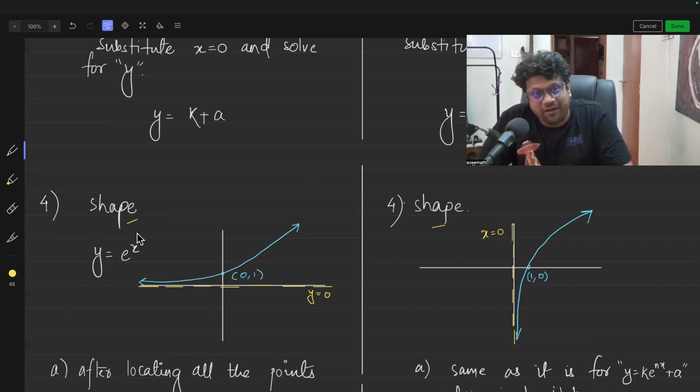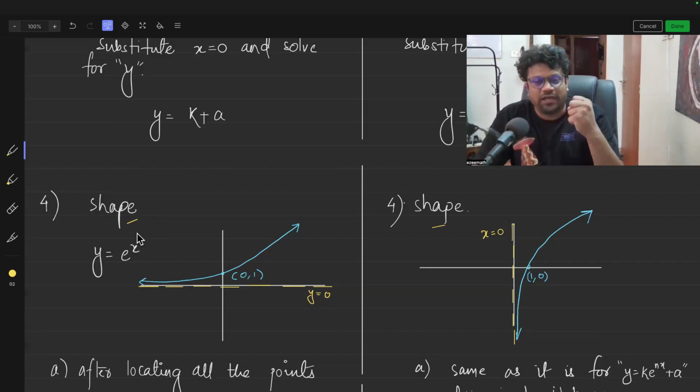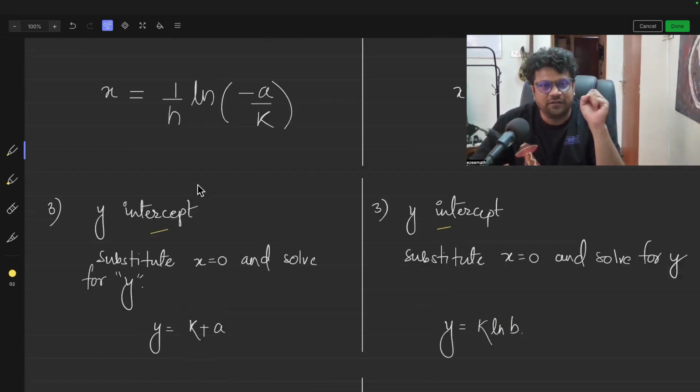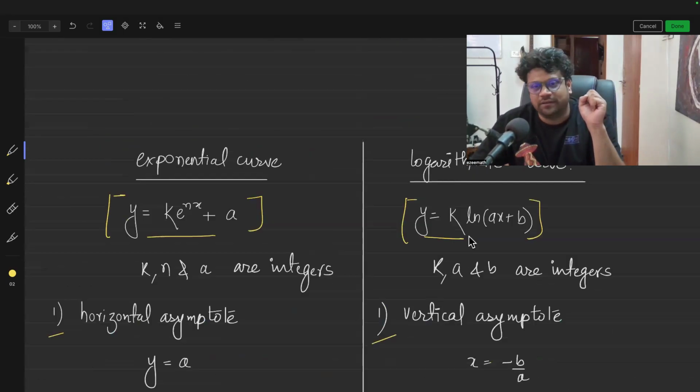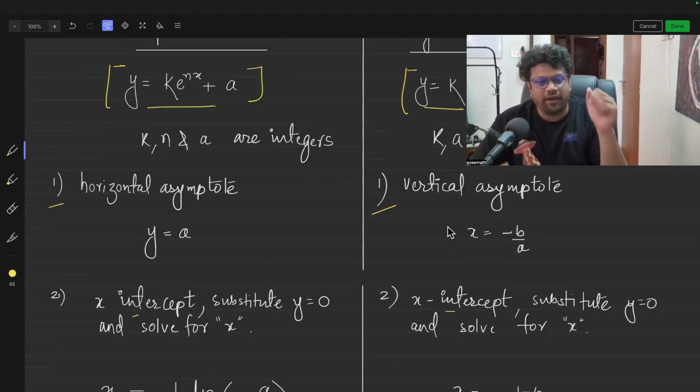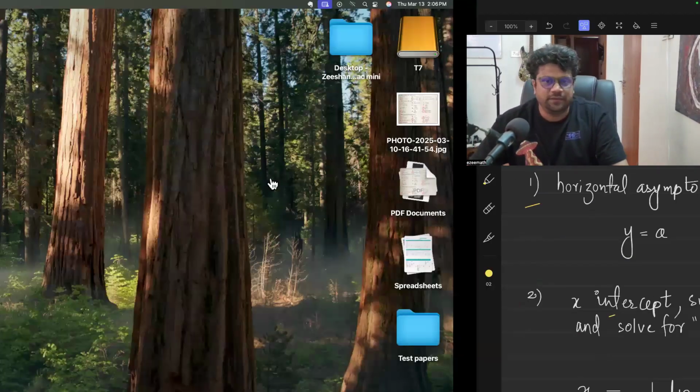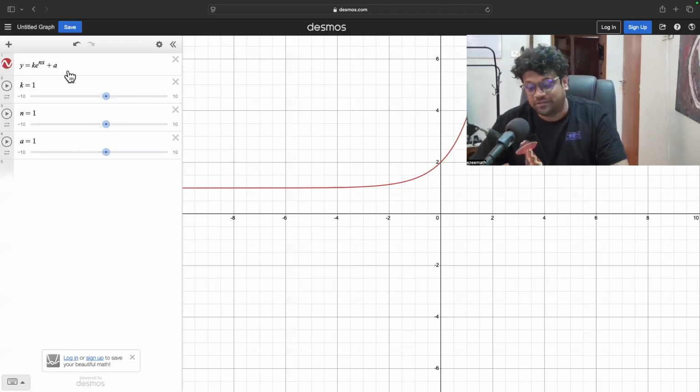But before we dive into the points that you want to keep in mind, I would like you to see something about these curves. Let's start with an exponential curve. There it is.